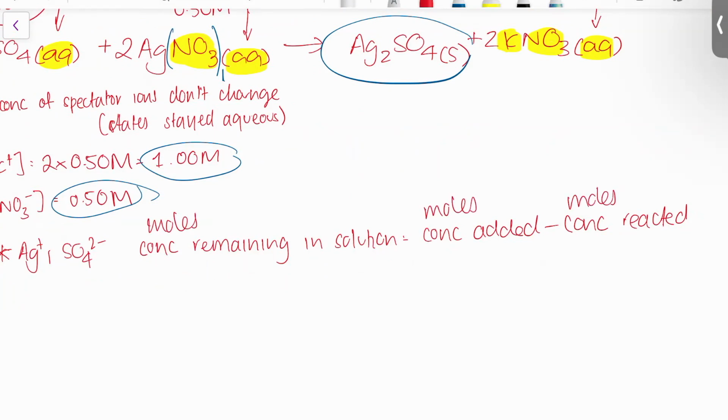And the reason we'll do it in moles first, and then we'll convert to concentration after, is because your equation is read in terms of moles. So I want to do it in terms of moles, and I'll divide it by volume after to get concentration.